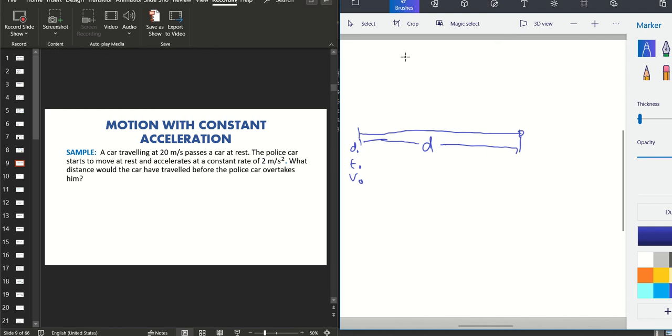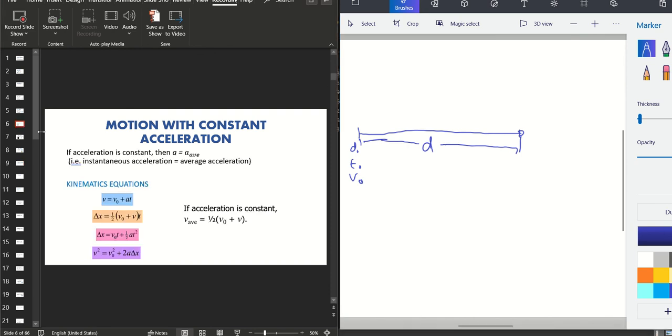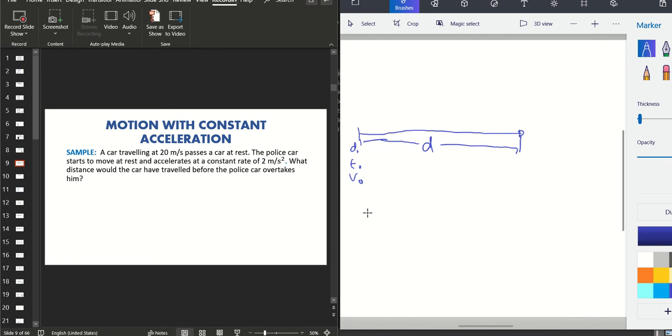Okay, so looking at our formula, we have V is equals to, wait lang, ang hinahanap natin ay S, di ba? Displacement. Well, we can check our formula here. Wait lang, solve ko muna yung mga given. So, the car, orange, its velocity is 20 meters per second, acceleration is equals to 0, while the police car has an acceleration of 2 meters per second squared.